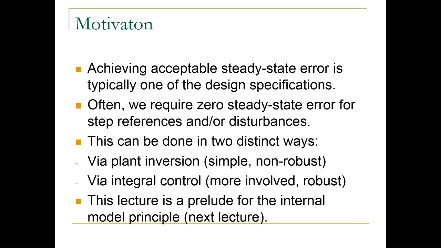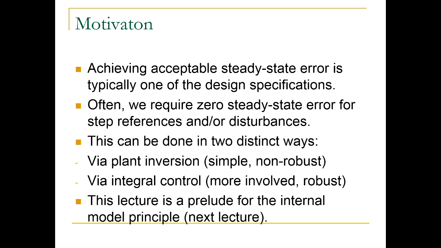So why do we do this? Typically, one of the specifications on your design is to achieve acceptable steady state errors. It may be zero, or it may be some error smaller than a certain number. You might be interested in particular classes of reference inputs or disturbances, and which classes you are interested in depends on the application.